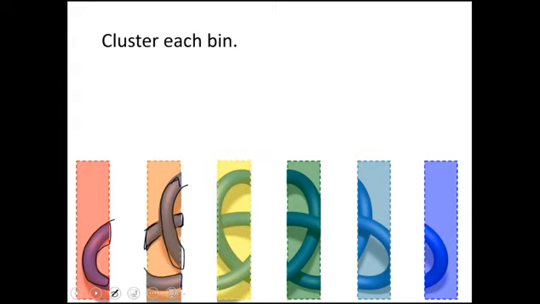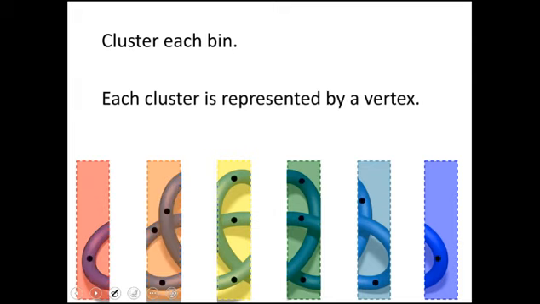And then we have a third connected component for a third cluster. And then remember, we represent each cluster by a vertex. So since we had one connected component, one cluster, we have one vertex here. Since we had three clusters, three connected components, we're going to have three vertices for our orange bin, etc.